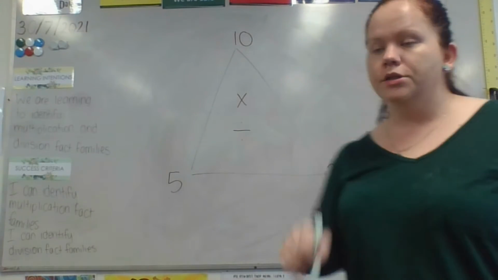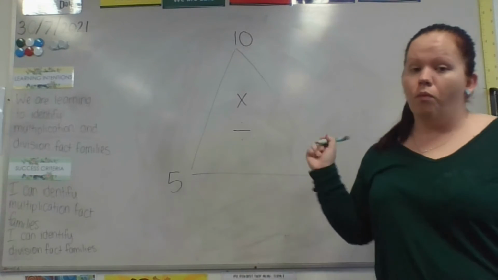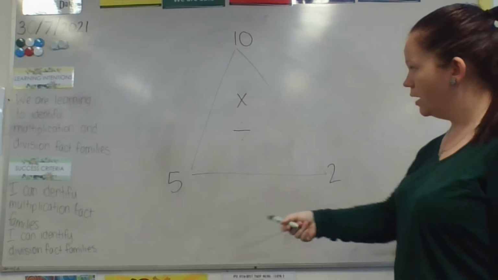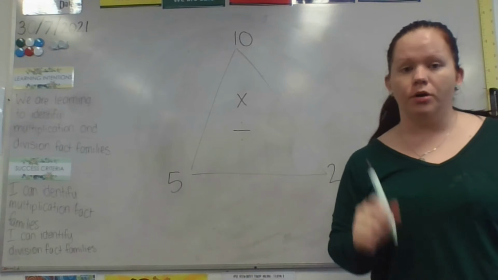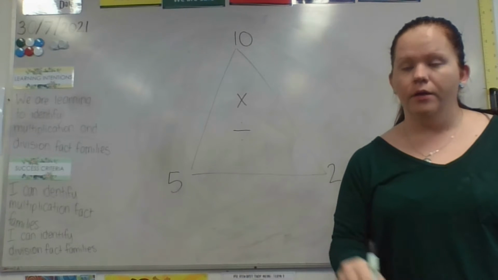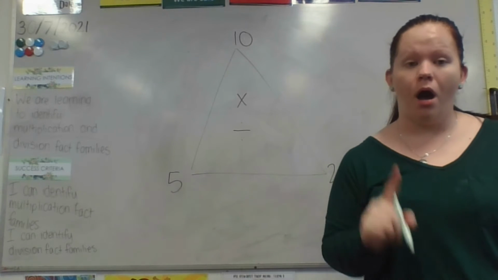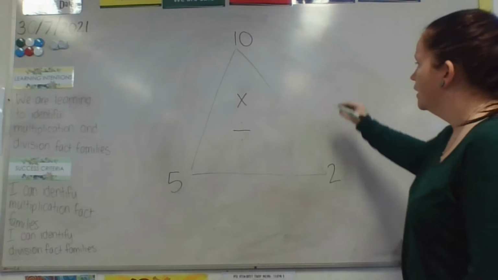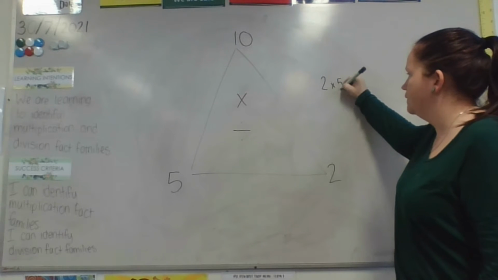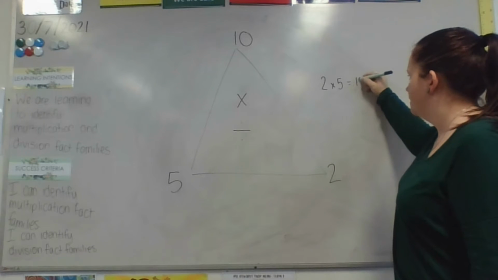So, for our first example, what we are going to be looking at is the number 10, 2, and 5. I'm going to start with the lowest numbers because they will add up to the highest number. So, 2 times 5 equals 10.